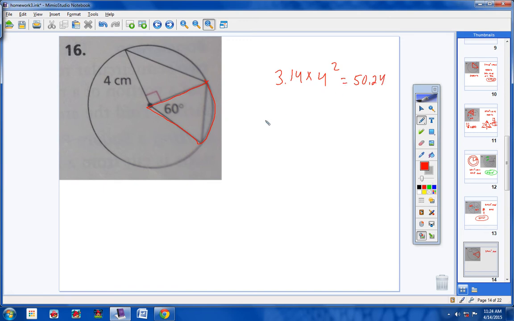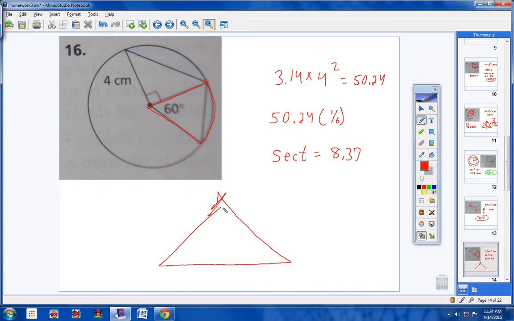Now, we're going to take that times, remember 60 is always 1/6 of the entire circle.